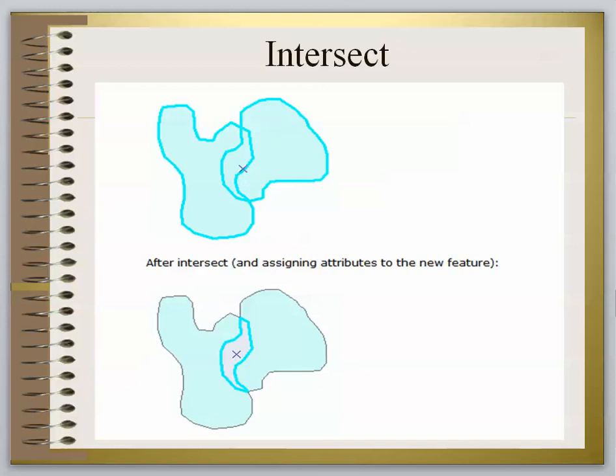There are not going to be any additions of fields from the second layer that did the clipping. The big difference with intersect is that the new polygon is created through the intersection of the two, and you're going to find those fields from both attribute tables in that new polygon.